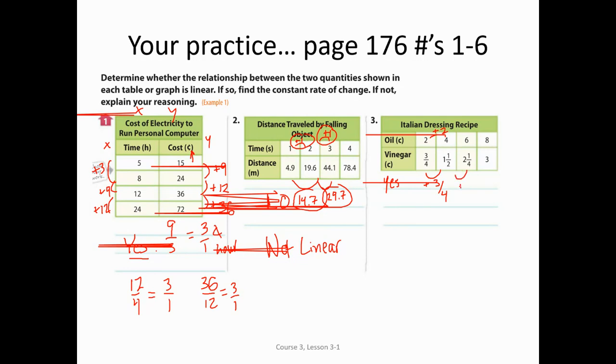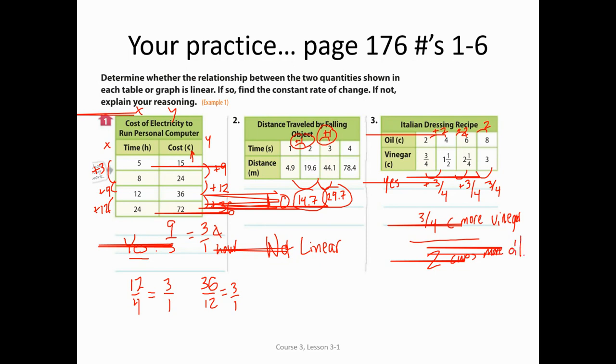Then we got an increase of 3/4 cup vinegar as 2 more cups of oil, and 3/4 cup more of vinegar for 2 cups of oil. So what's the rate of change? Well, it's pretty much already been said. It's 3/4 cup more vinegar for every 2 cups more of oil. All right.